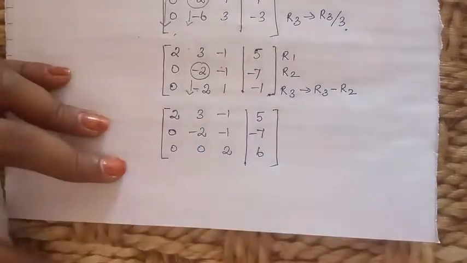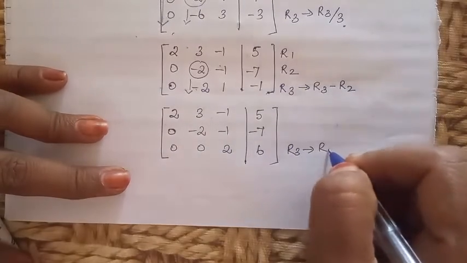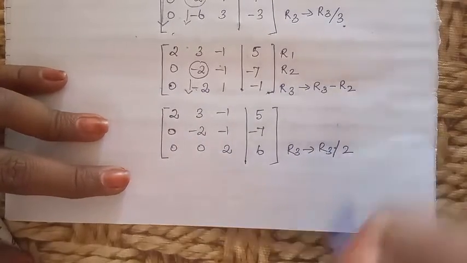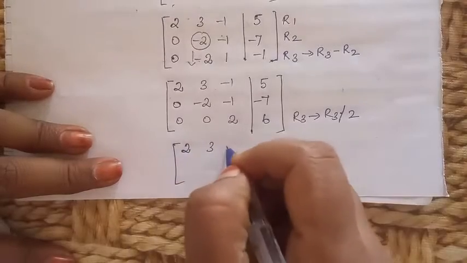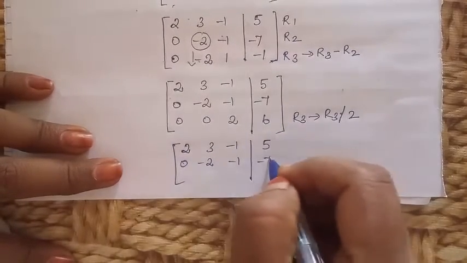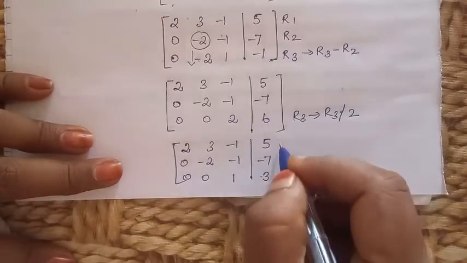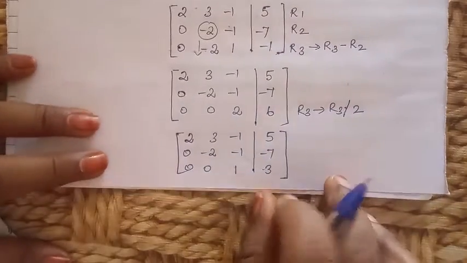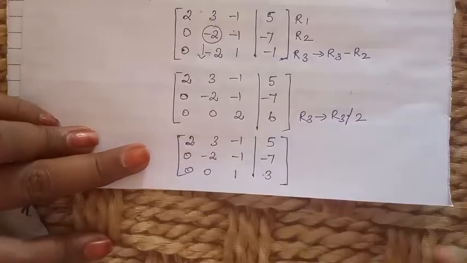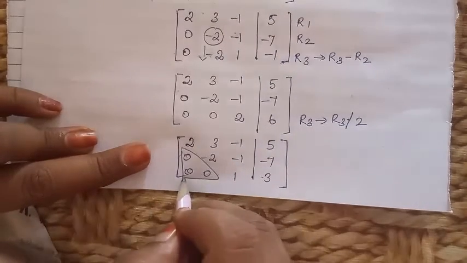Further, you can simplify the third row by dividing it by 2. Now it becomes 2, 3, minus 1, 0, minus 2, minus 1, minus 7, 0, 0, 1 and 3. Now this is our final matrix, where you have got the elements below the diagonal as 0, which is your upper triangular matrix.